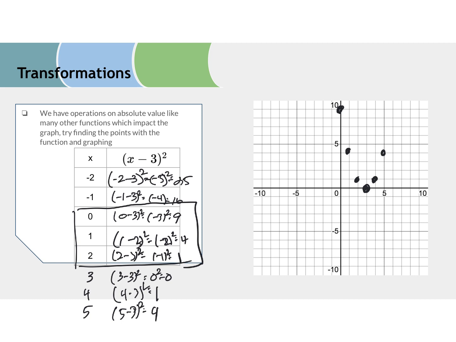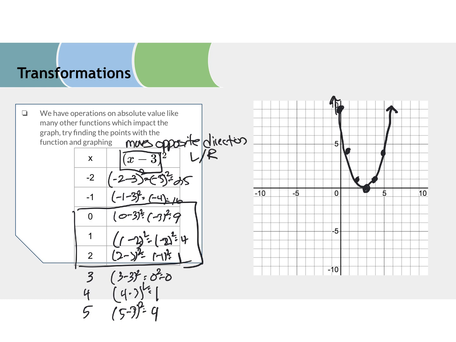And if you look at that, I see that U shape now. So what happened is, when you have something inside with x, it moves the opposite way, left or right. The previous one was up and down.